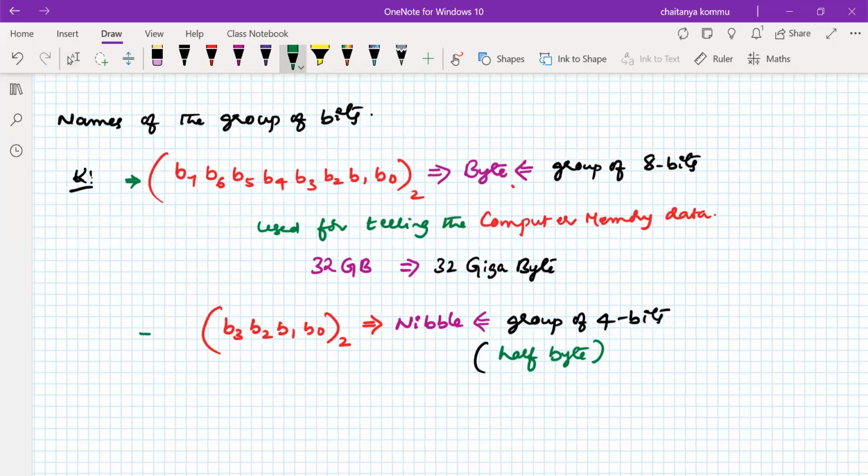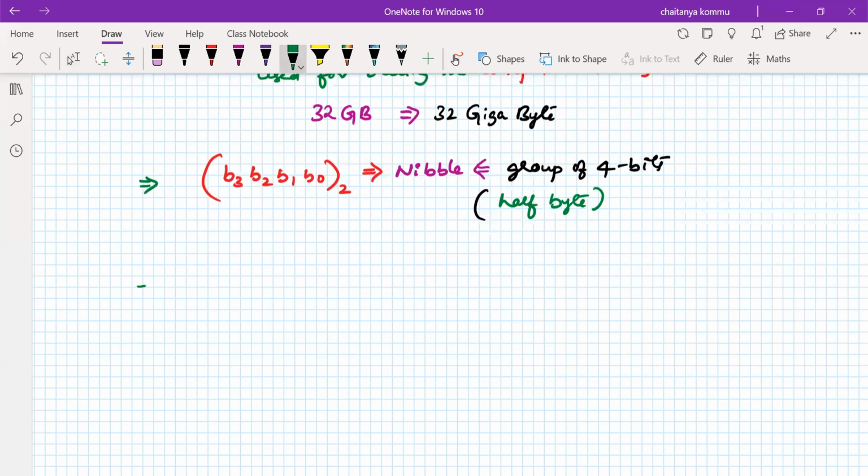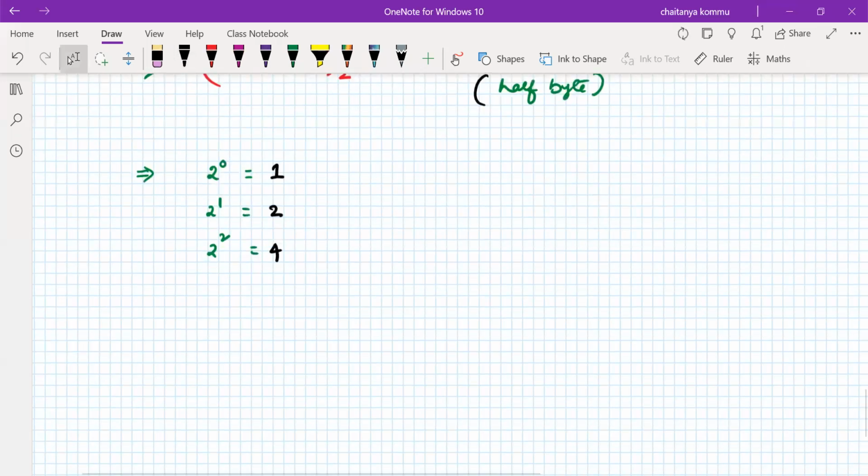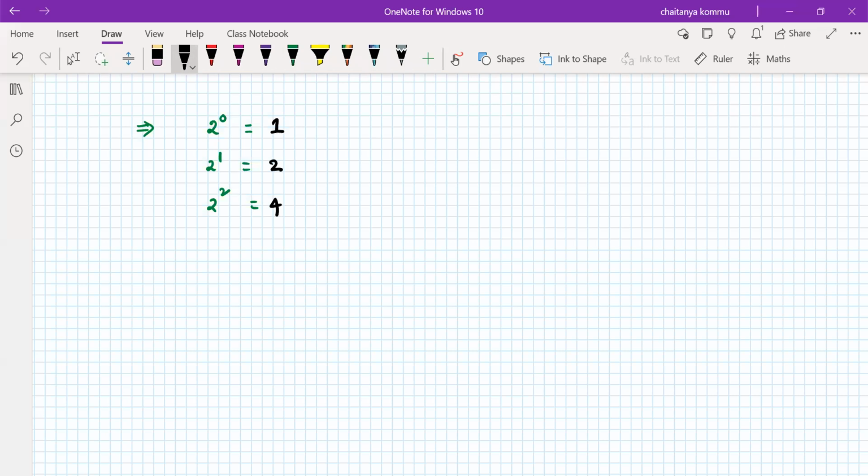Another point is that 2 power 0 is 1, everybody knows. 2 power 1 is 2. 2 power 2 is 4. The right hand side values are all decimal digits, so these are the positional weights represented in this form.